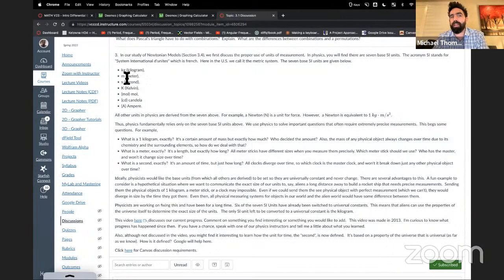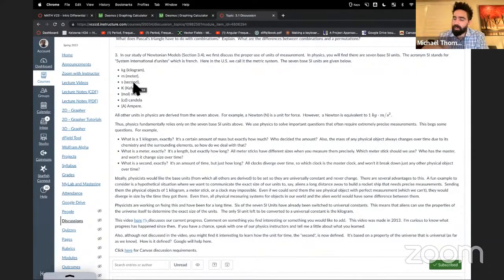These are the base 7 SI units that exist in physics, and every other unit of measurement is based on these. For example, a Newton is a unit of measurement for force. However, a Newton is equivalent to 1 kilogram meter per second squared. So it's a kilogram, meters, and seconds.